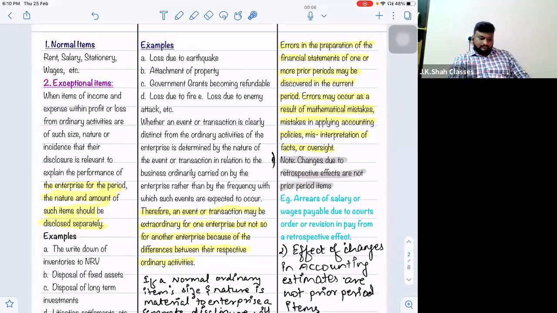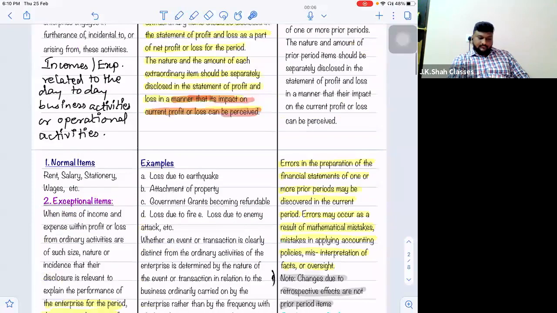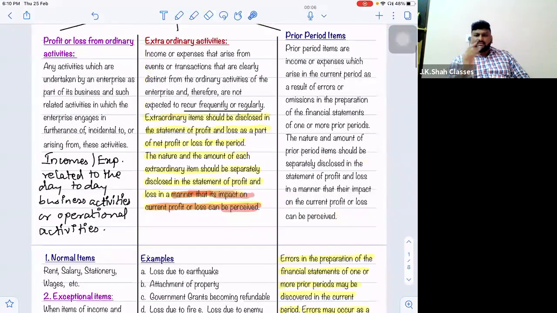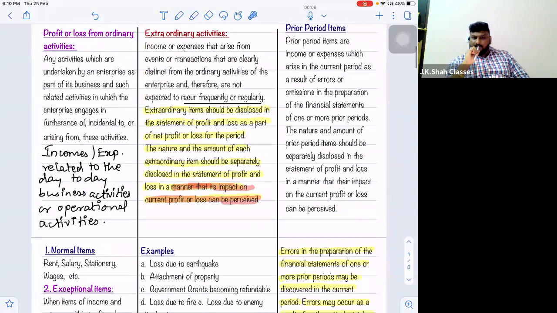Hello, sir. Sir, just wanted to clear, suppose if an item is not quantity-wise material, but it is quality-wise material to the organization, so it will be considered as an extraordinary item? Exceptional item, sir. I have not started extraordinary items yet. Sorry, my bad. Yes. See, just have a look at the definition. Stick to the basics.